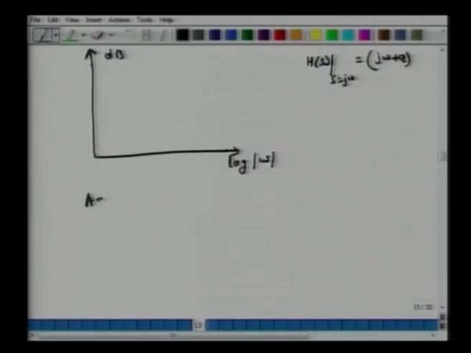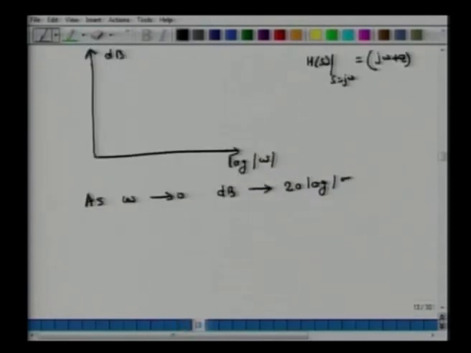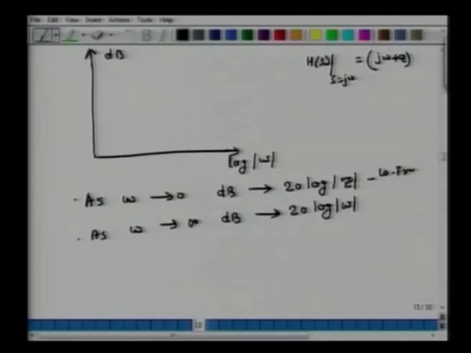We had seen that as omega goes to 0, the value of dB tends to 20 log z, and as omega goes to infinity, the value of dB goes to 20 log omega. So, these are the two asymptotes. This is the low frequency asymptote, and this is the high frequency asymptote.